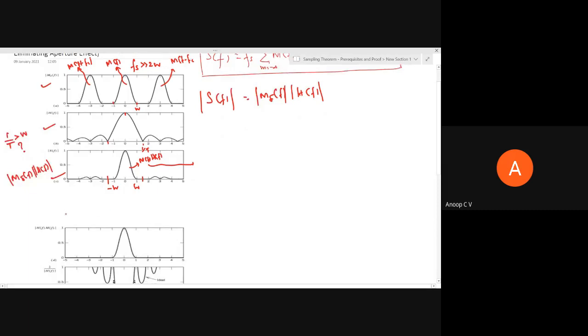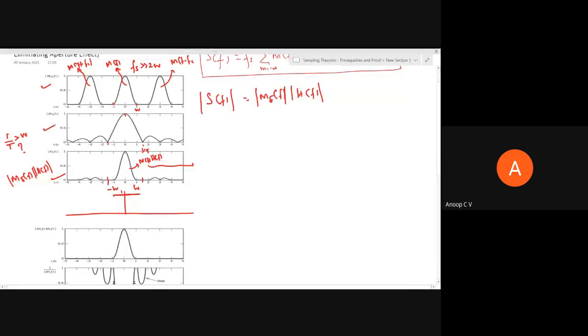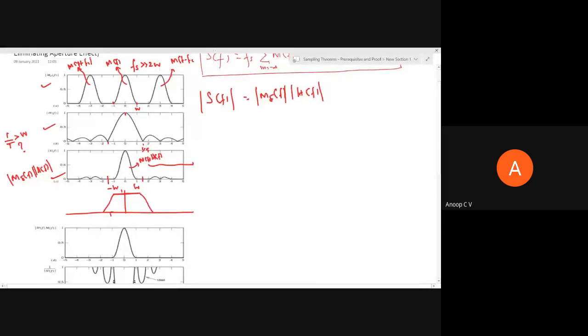I should use a filter whose frequency response provides the same gain, equal to unity, for all frequencies within the message signal. After that, if there is a transition band, it won't be a problem. Ideally, this is again an anti-aliasing type of filter, which we normally use.